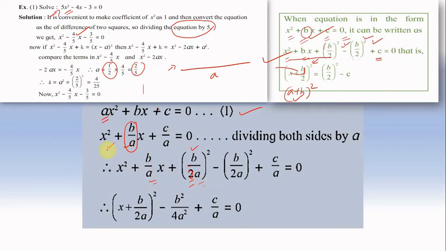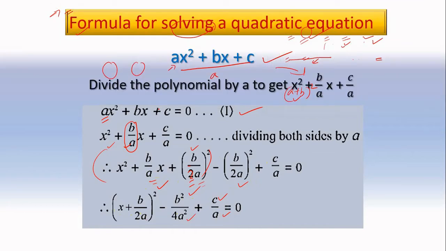We have converted that part of the equation into x plus b upon 2a whole square, and then what remains is minus b upon 2a whole square, which can be written as b square upon 4a square, plus c upon a. So till now, what you have seen on the screen is recollecting what you learned in the previous video, the previous part of the lesson.